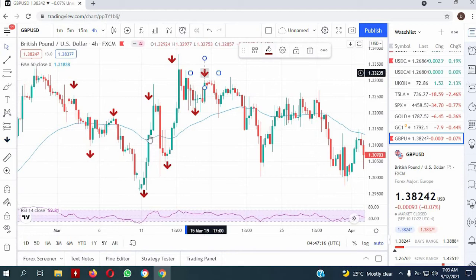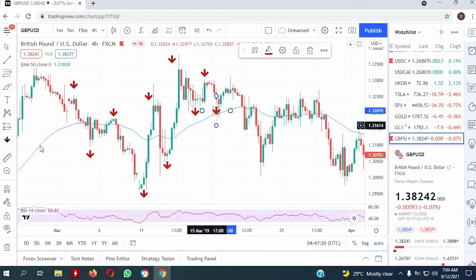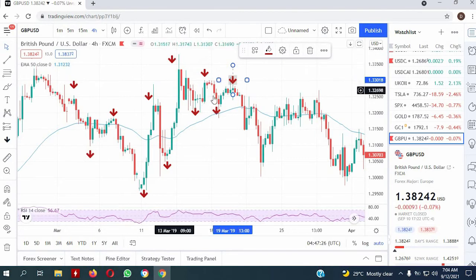Market comes down, market comes down, right? So right here we're seeing a series of lower highs and lower lows, right? So we sell right here. This is our first trade. So we're looking to sell right here, a first sell trade.